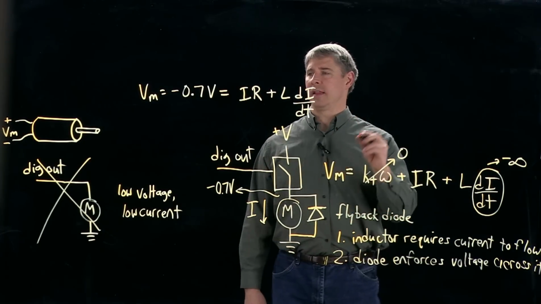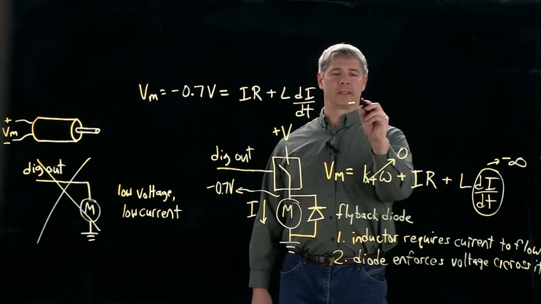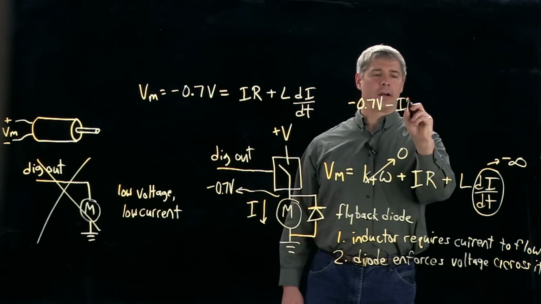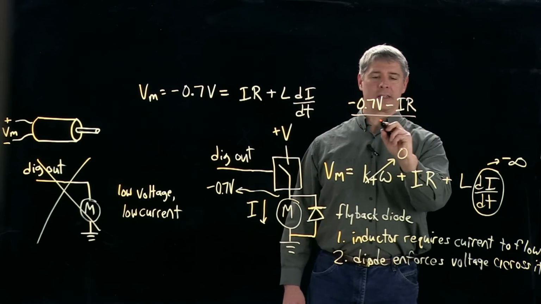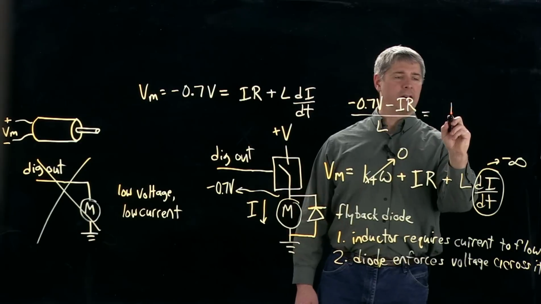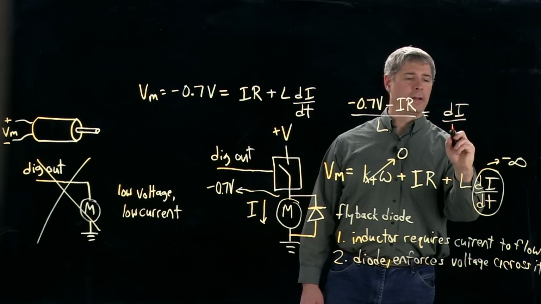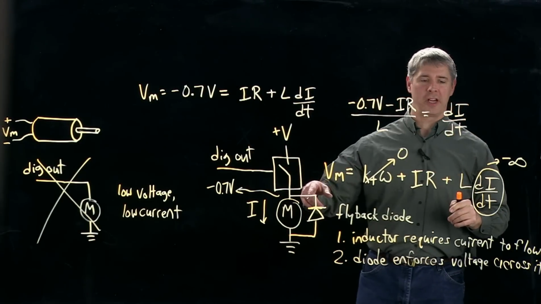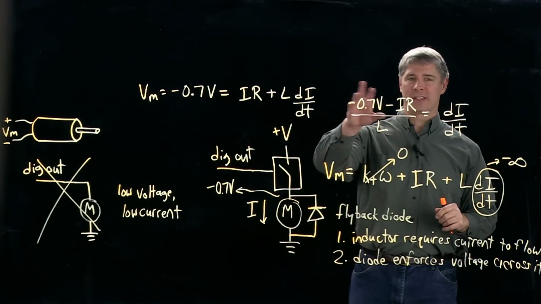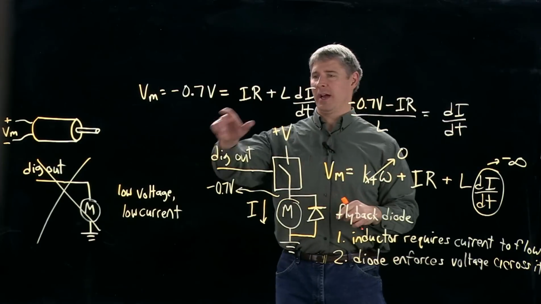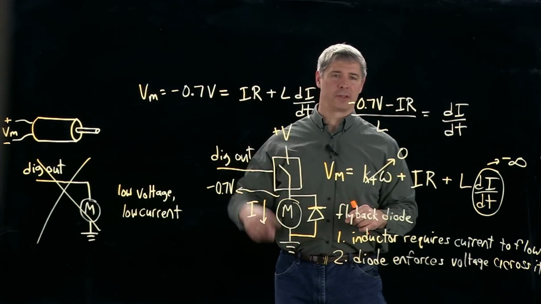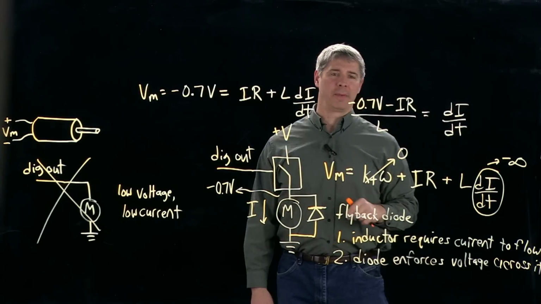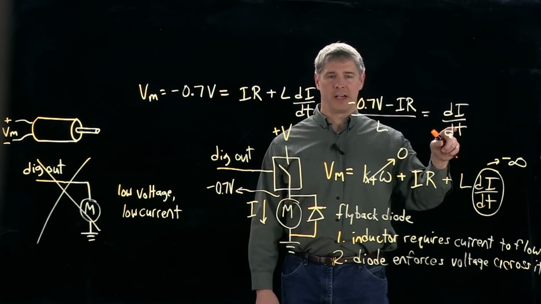So we know that (minus 0.7 volts minus IR) over the inductance is now the rate of change of the current. So we can calculate how the current through the motor is changing, and it's going to be some negative value. For instance, if IR was equal to 10 volts initially, then we'd have minus 10.7 volts divided by the inductance as the rate of change of current.